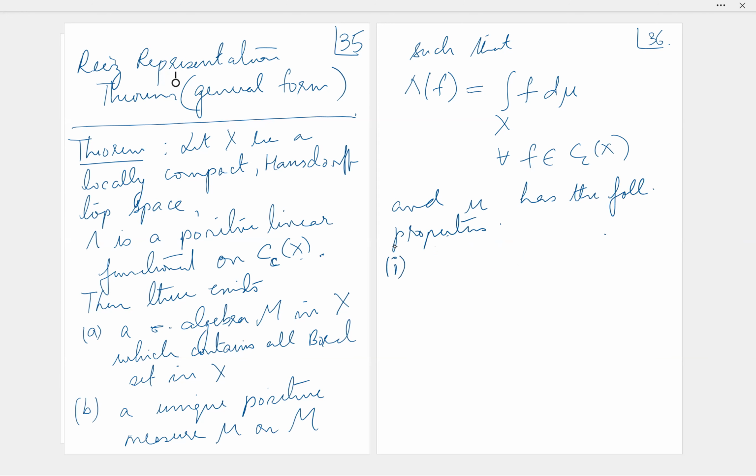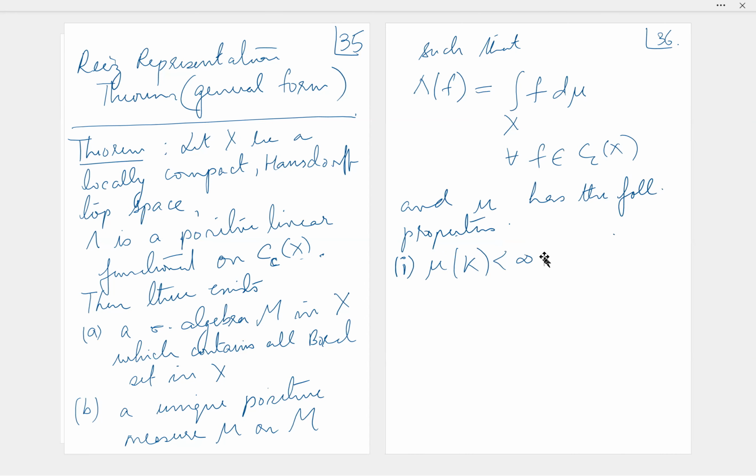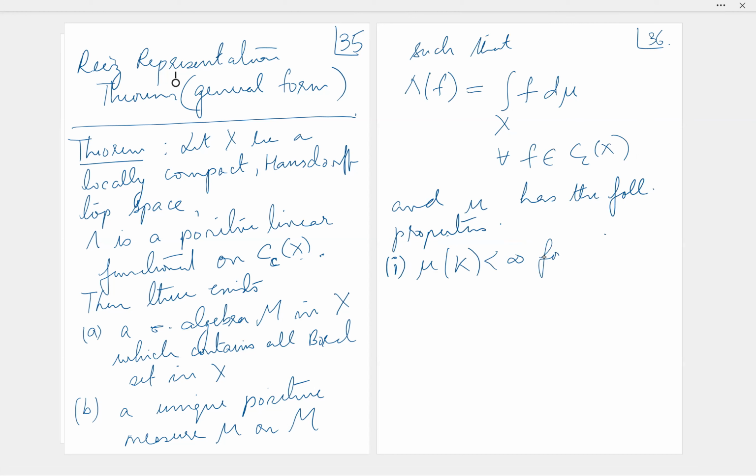The first thing is, for compact sets, the measure is finite. Okay, for every, this is part of the regularity condition.